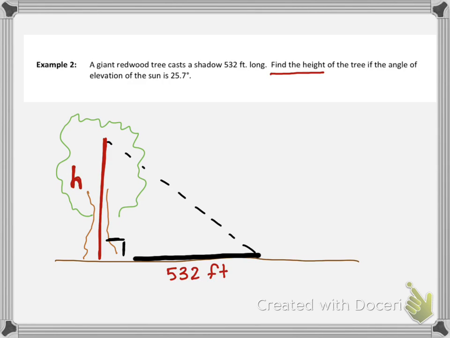So here's the thing: you have 2 angles that you get to choose from. The angle is either going to be this one right here, or it's going to be this one right here. But the question is, which one of those is an angle of elevation? Which one did your line of sight go up? So your angle of elevation is actually going to be from this angle, 25.7 degrees.